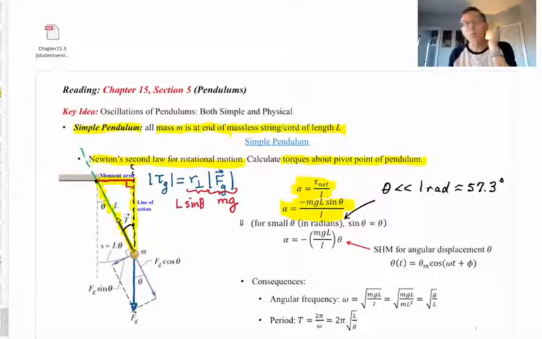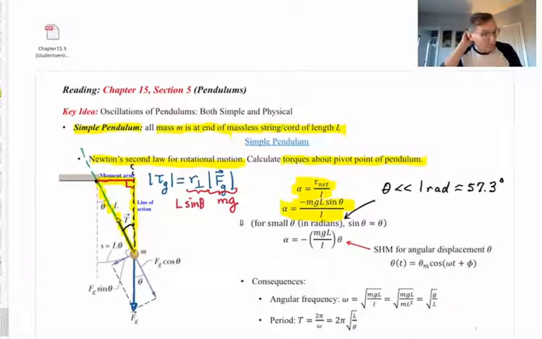Now, so what if we limit ourselves to small angles, small values of theta, theta small compared to 1 radian? What does that do for us? It does something quite important, and you'll learn the mathematical reason behind it. If you've had enough math, you will have learned about something called a power series or a Taylor series.